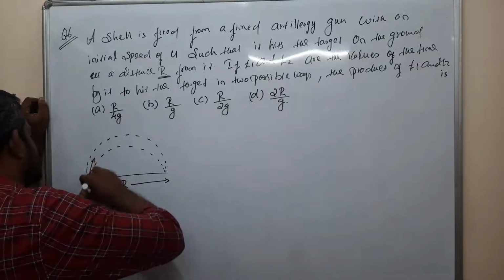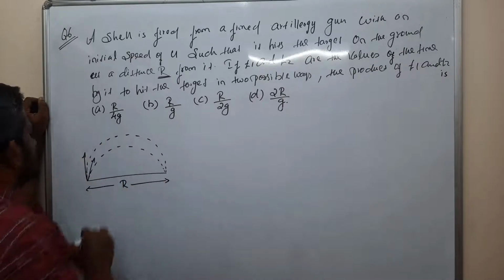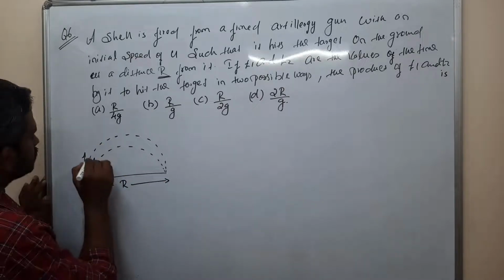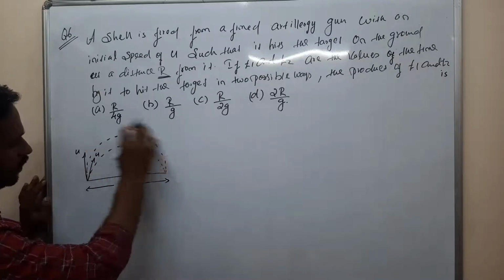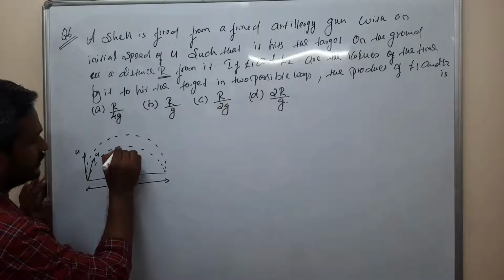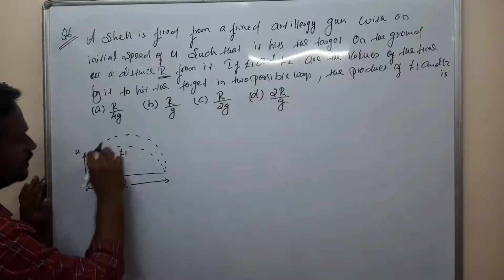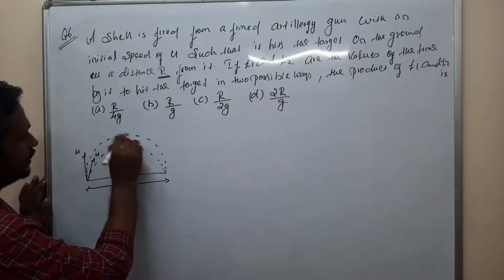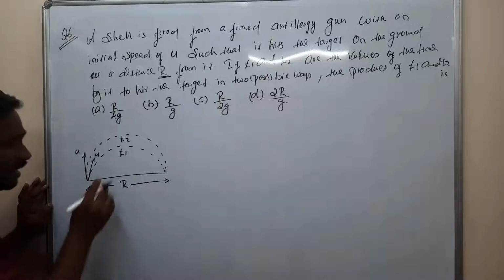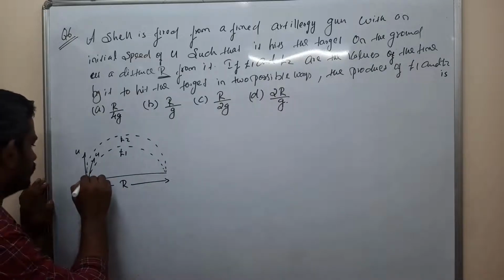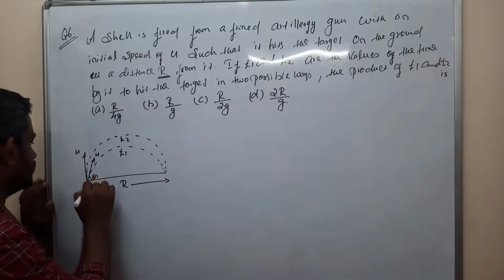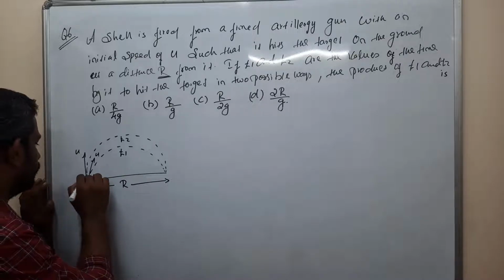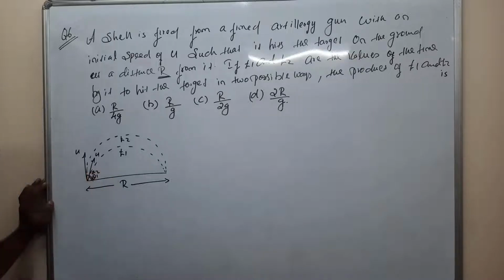Initial velocity is u. So it follows two different paths. Since T1 is the time taken by this path and T2 is the time taken by this path, the angle of projection must be different. So the first projection is theta 1 and the second projection is theta 2.